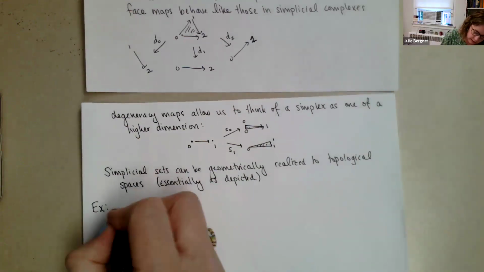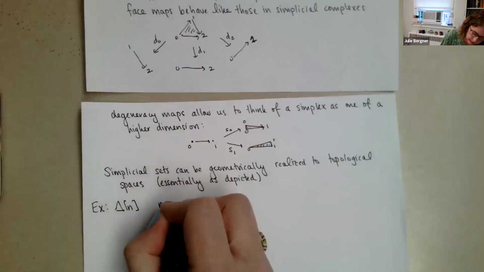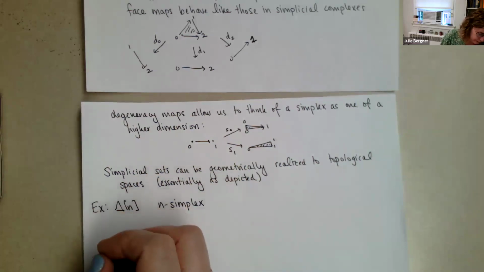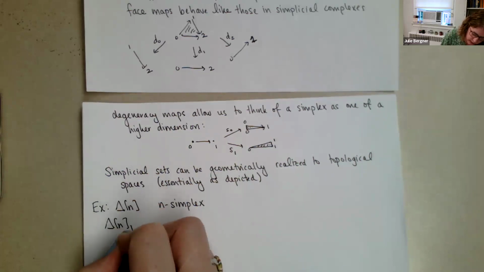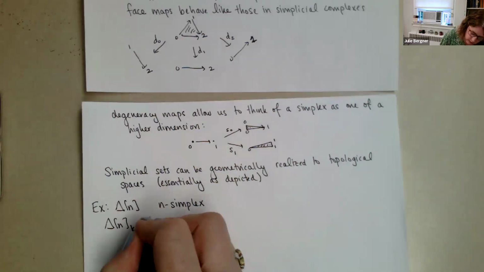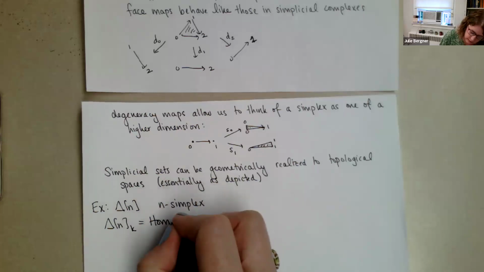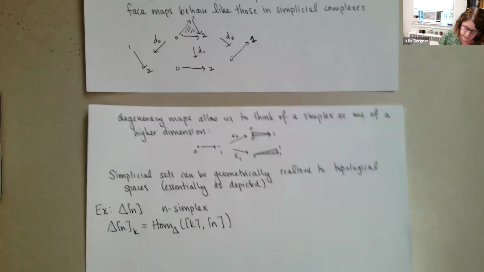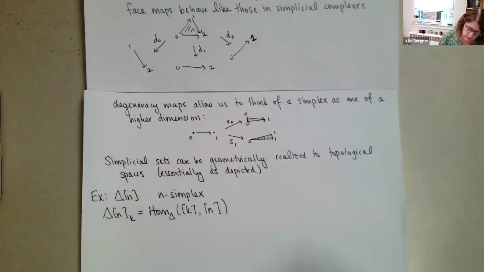Okay, so a couple of important examples. One is what I'll write as delta bracket n, the n simplex. This is the simplicial set whose k simplices are given by the morphisms in delta from k to n. So I'm just mapping into a fixed n. So n is fixed, k is varying.